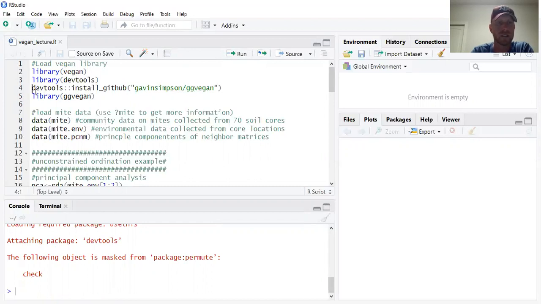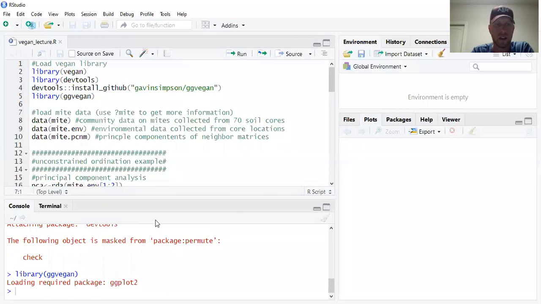So notice it's devtools, two colons, install_github is the function, and then there's just a file path there. I have already run that, and it will download the package onto your computer. So then after you run that, you can just run library(ggvegan) as you would any other library. And notice that it loaded there.